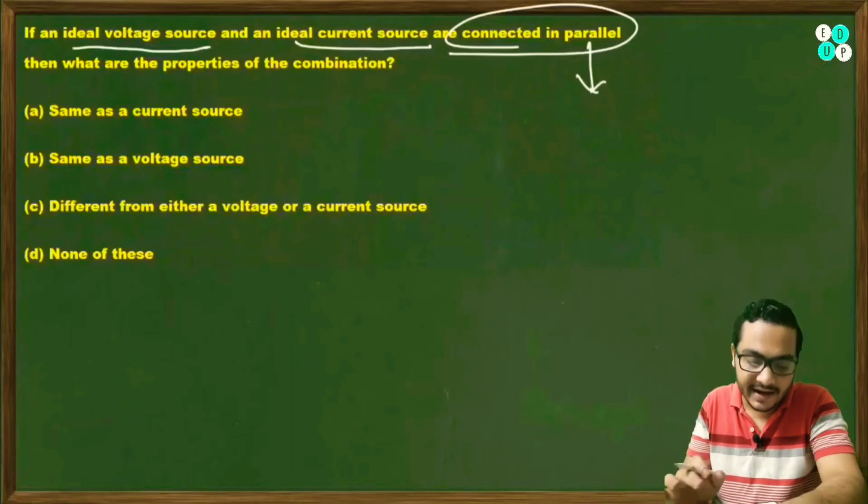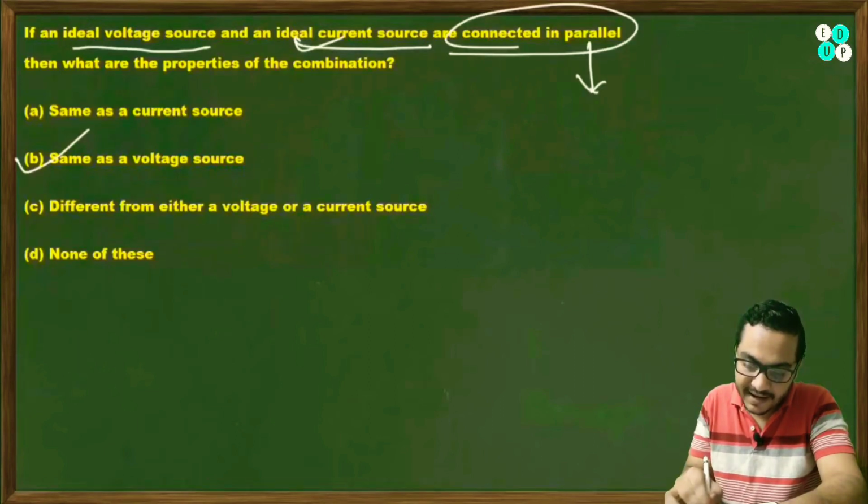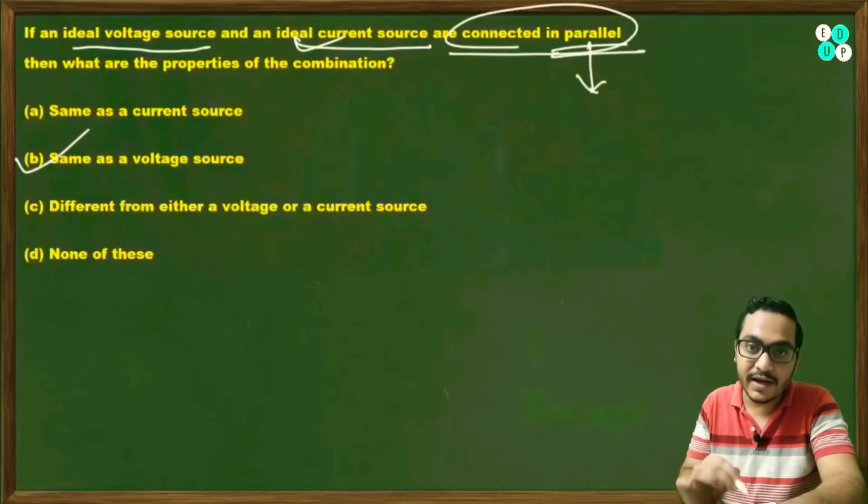So we can neglect the presence of the current source, and this combination can be treated like a voltage source alone. So option B is the right answer. Remember, in parallel the voltage source gets more priority; in series connection the current is constant, so the current source gets more priority. Remember these two concepts.